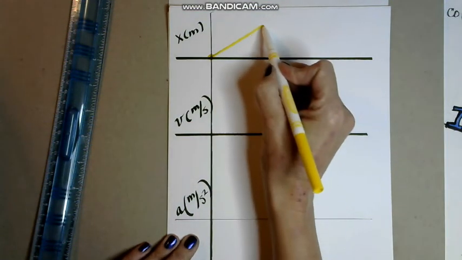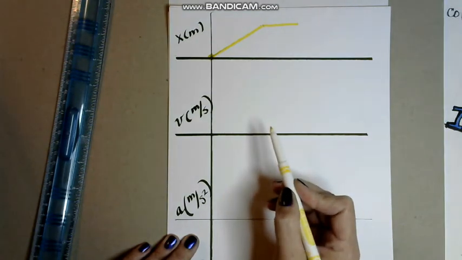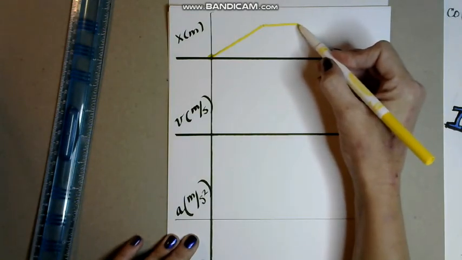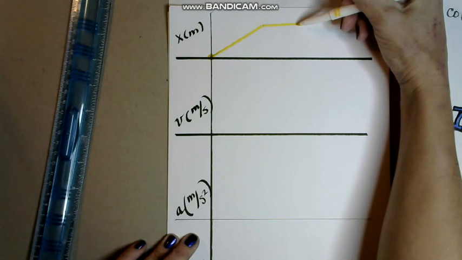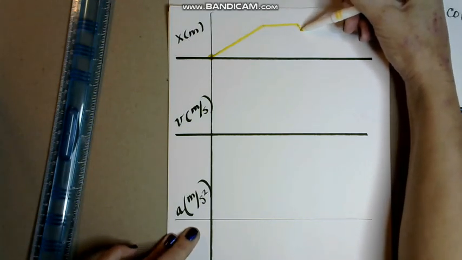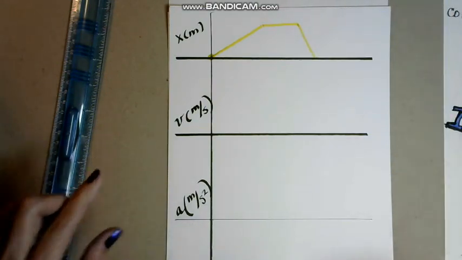Okay, and you stop at the stoplight. Then let's say that you realize you forgot your wallet, so you very quickly completely reverse. You back up. Let's look at what this looks like on the velocity graph.